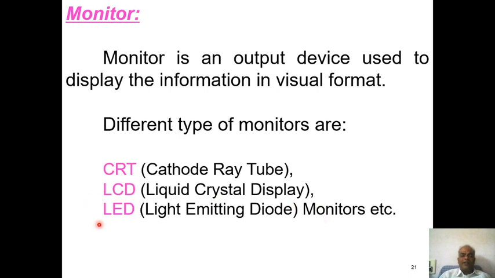Nowadays the majority of computer systems have LED monitors. In many homes also, people are using LED TVs. Those are flat panel devices, very slim. So monitor is an output device.